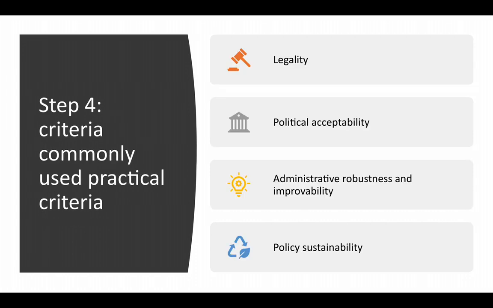All right, suppose you get the evaluative criteria. You think, okay, I'm going to think about the cost-benefit analysis, and I'm also going to take care of diversity, equity, and inclusion, and also secure individual freedom, etc. All these good things, right? However, you need to consider the practical criteria as well. Suppose all of the things are great based on evaluative criteria.